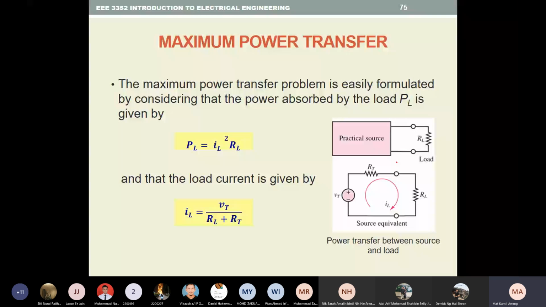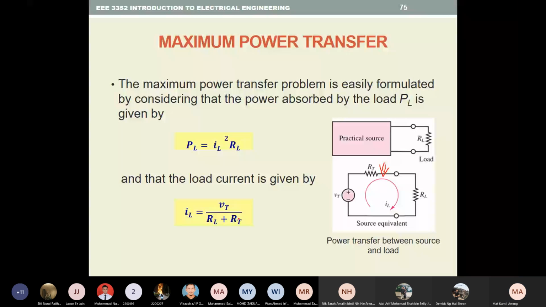And the load current is given by IL equal to VT over RL plus RT. So we use the Thevenin equivalent circuit, say from here, transform to there. Then you can see IL is equal to VT over RL plus RT.